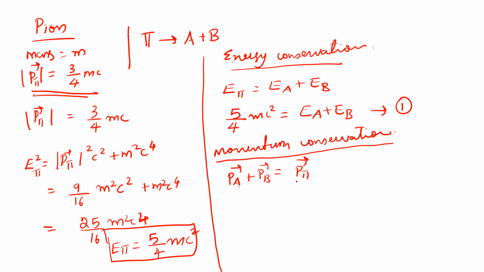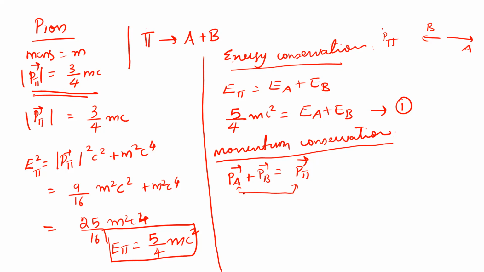Let's say P A and P pi are in the same direction, and B is moving in the opposite direction. Imagine a pion that comes in, and then you have A moving this way and B moving this way. So the 3-momentum of the pion and particle A are in the same direction.